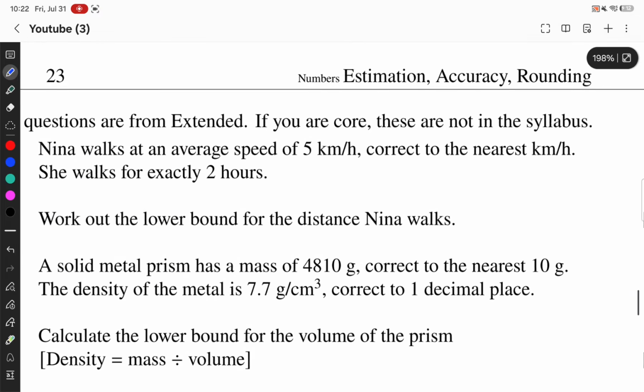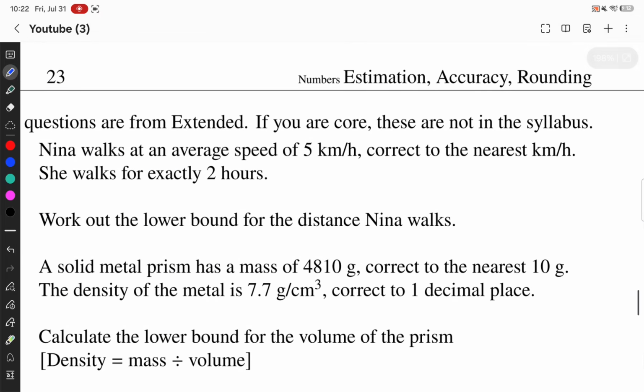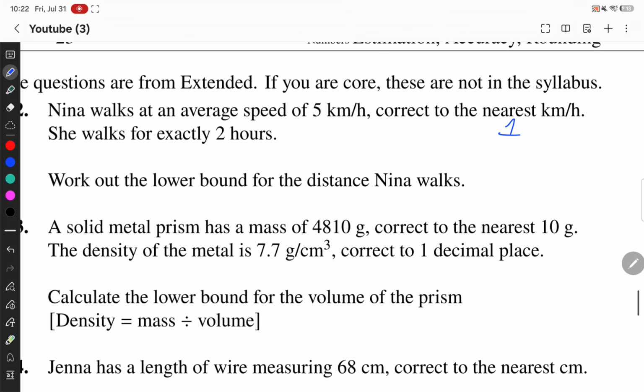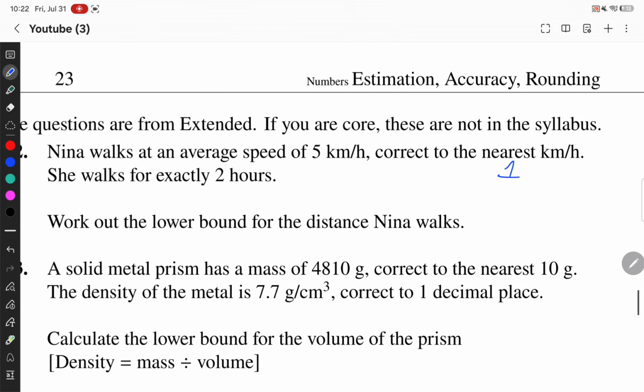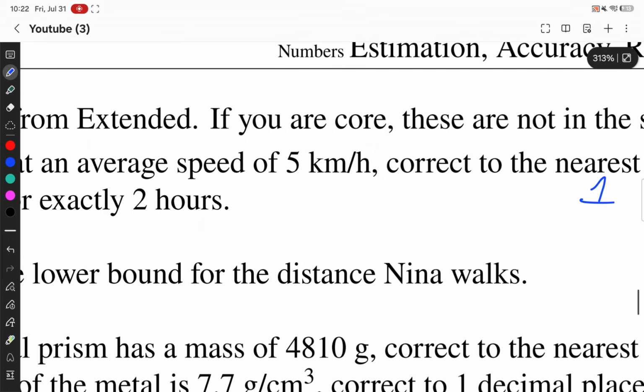Let's go. Nina walks at an average speed of 5 kilometers an hour, correct to the nearest kilometer, meaning 1. She walks for exactly 2 hours. Work out the lower bound for the distance Nina walks. Now, the speed is a variable, like an approximation, so we can think of this as about 5 kilometers an hour.